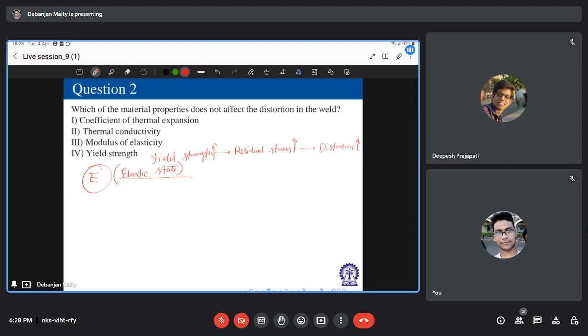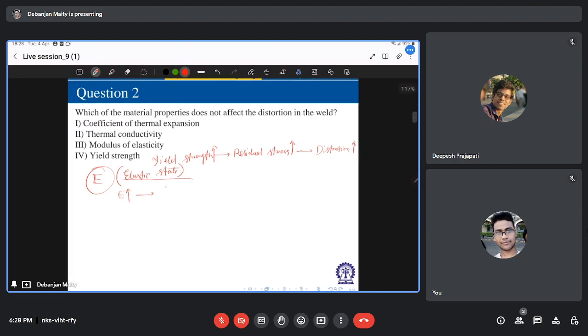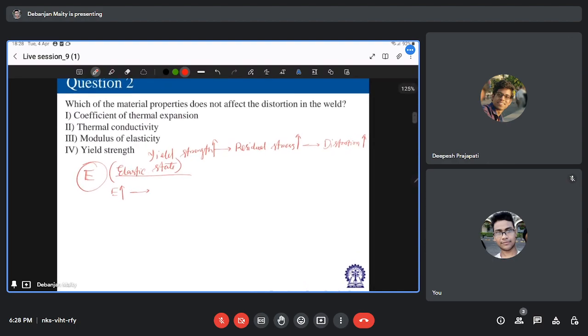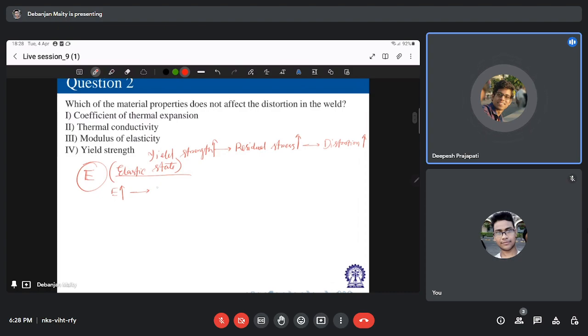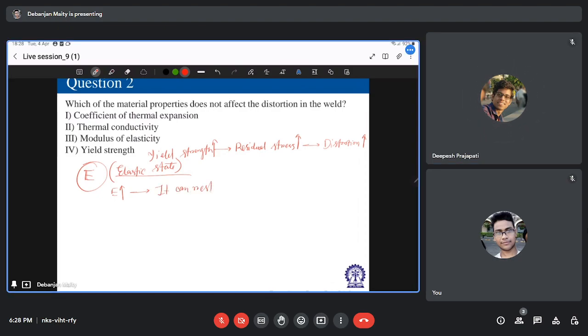So what can you expect? Higher the modulus of elasticity, it can restrain the distortion more or less. It can restrain the material more. So distortion will be less.